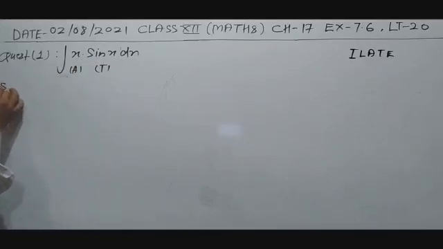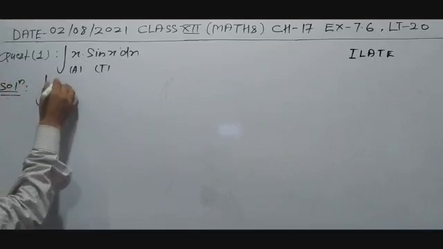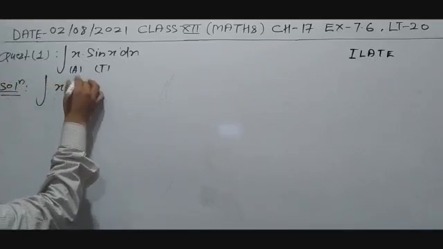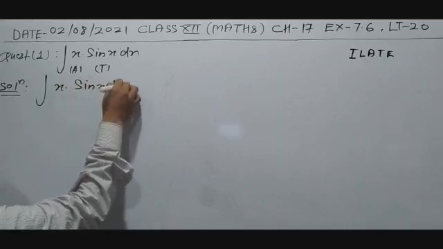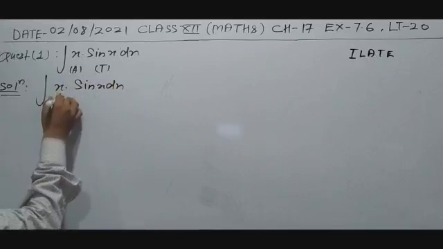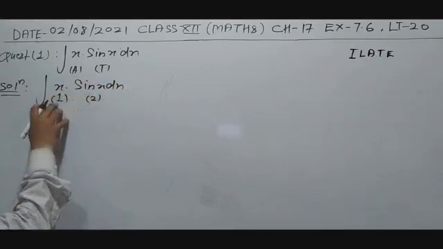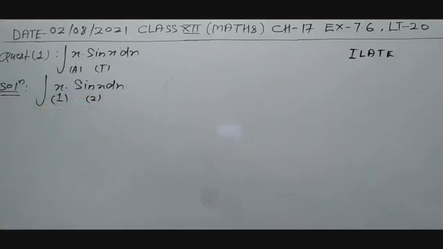See the solution. First of all, write the integral. Which function do I have to integrate? x sin x. Now you will consider the first and second function. Now write the formula of integration by parts.